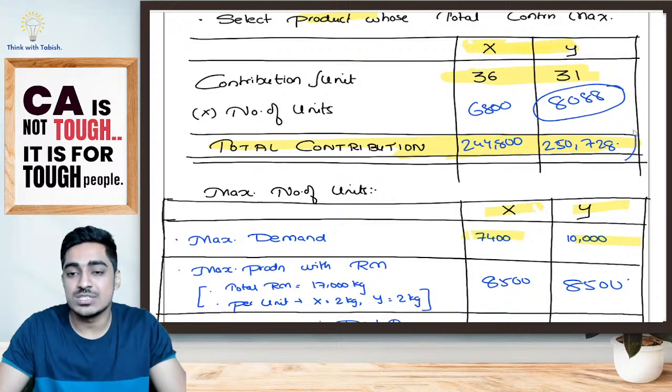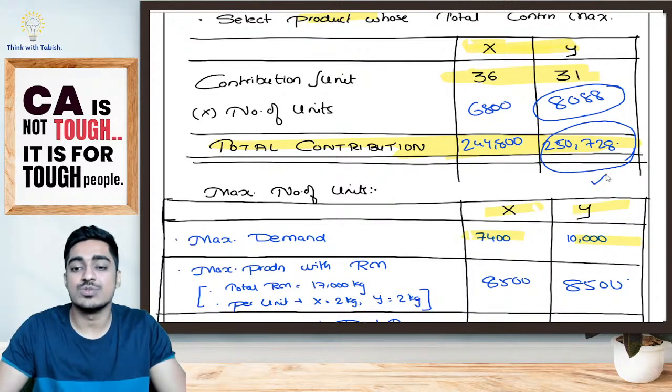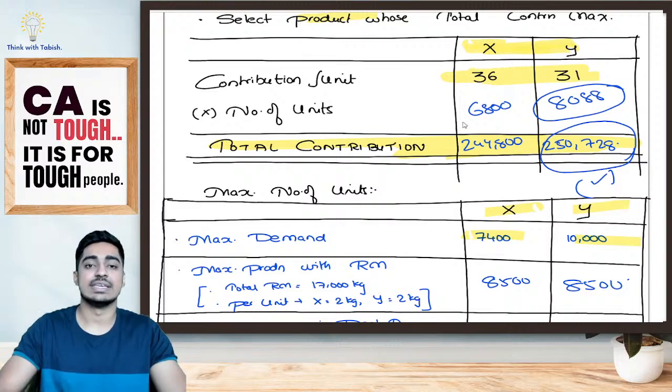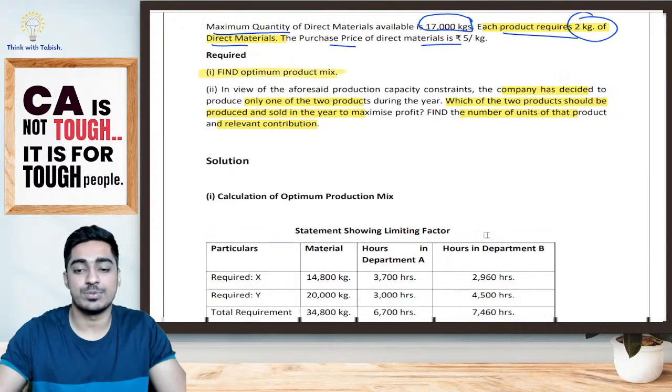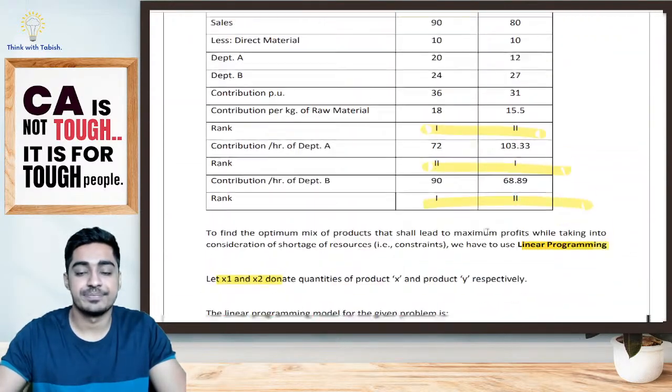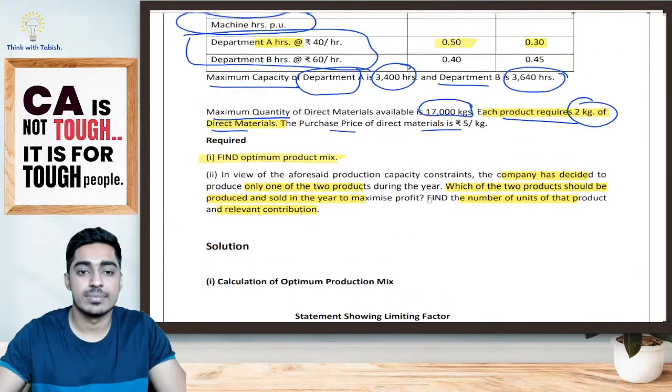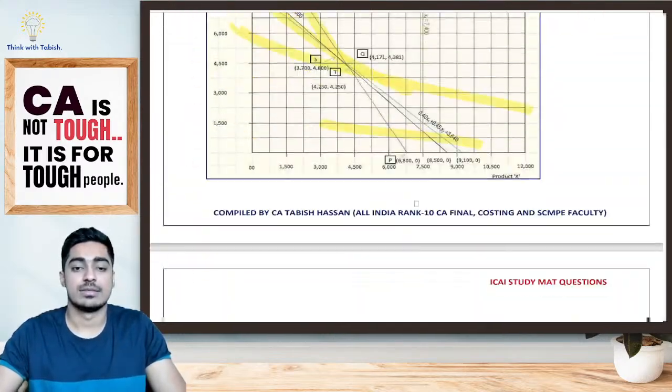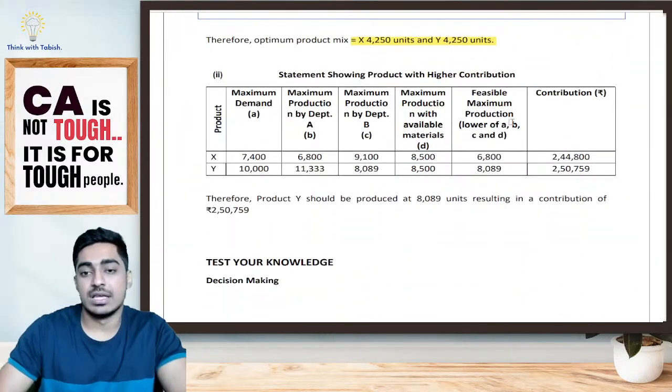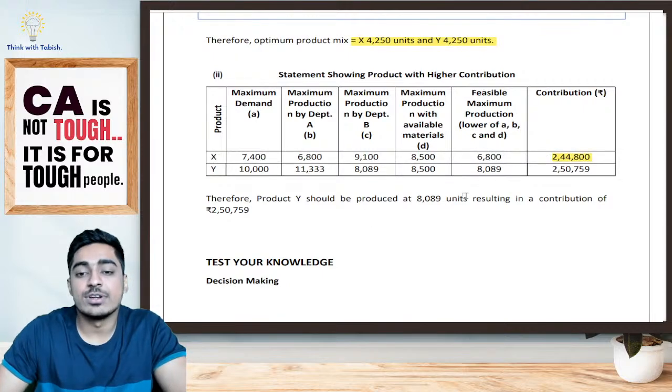Which is better, students? Which one should we produce? Y is what we should produce. Look at the answer: if you are producing only one product, if you produce X, 2,44,800. If you produce Y, 2,50,759. Therefore, Y we should produce.